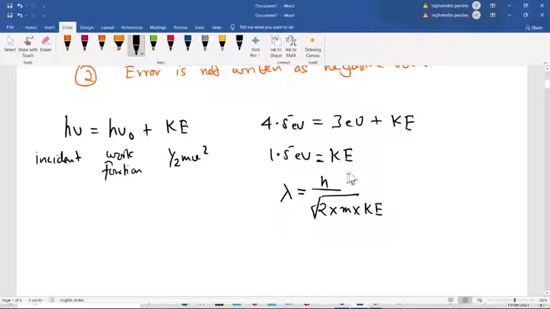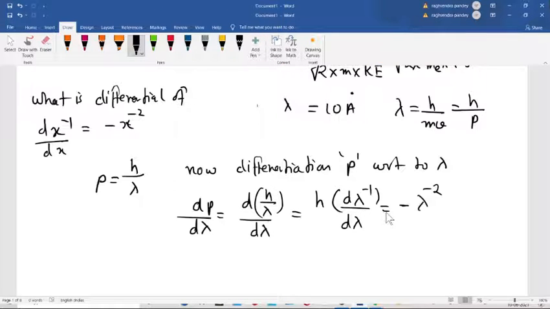This will be the differential. Why do we need this differential? Because we need to find the error.